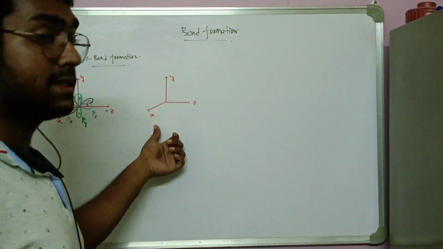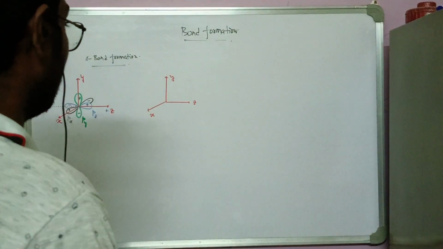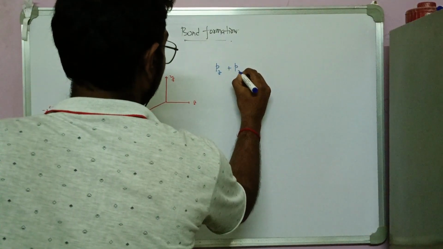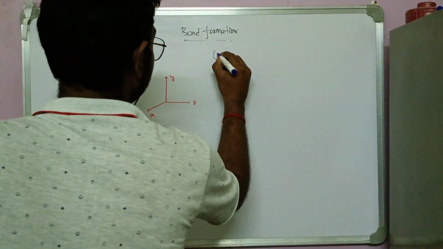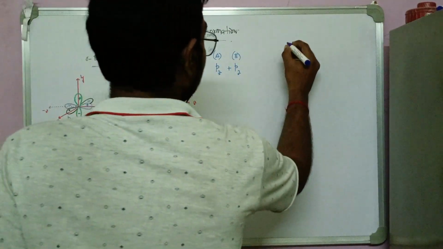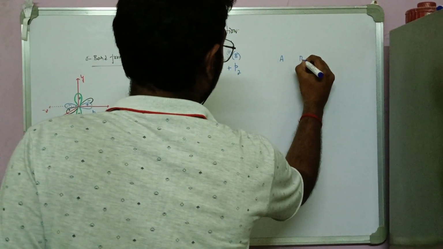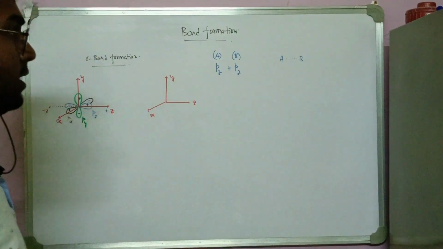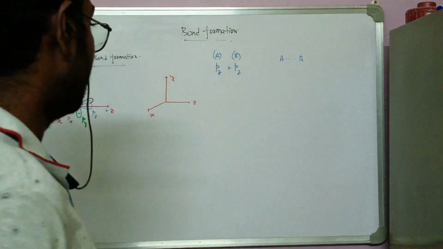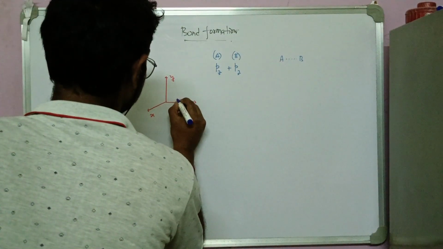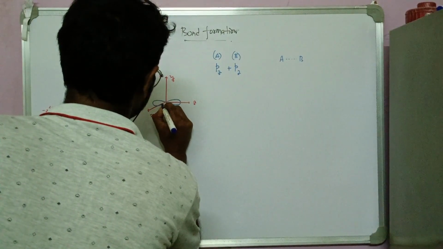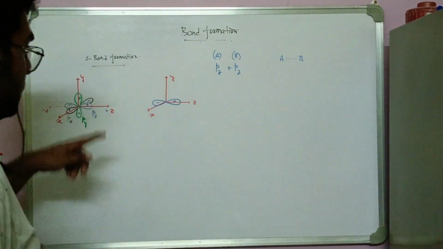If I tell you that one pz and another pz are forming a bond, suppose one is the atomic orbital of atom A and the other is the atomic orbital of atom B, we have to represent the bonding between them and which type of bond they form, either sigma bond or pi bond. So one pz and another pz are sharing their electron density. If I represent pz, then we have to represent something like this. This will be plus, this will be minus. So this is the pz orbital.